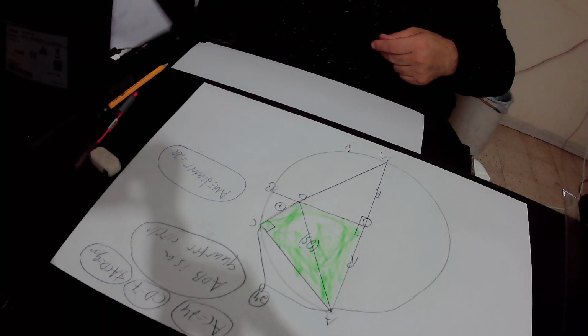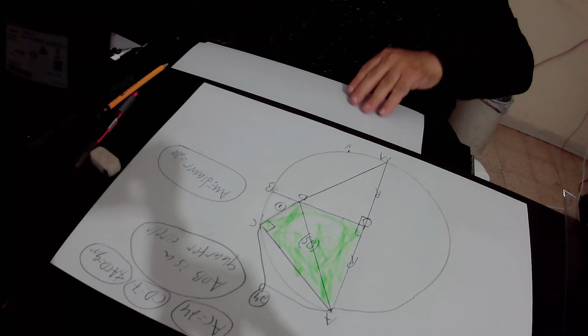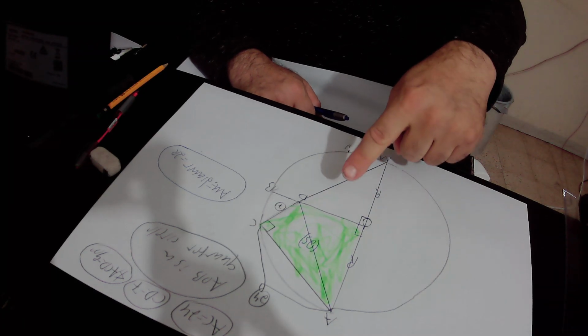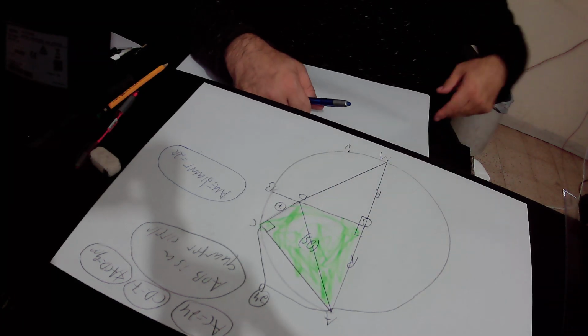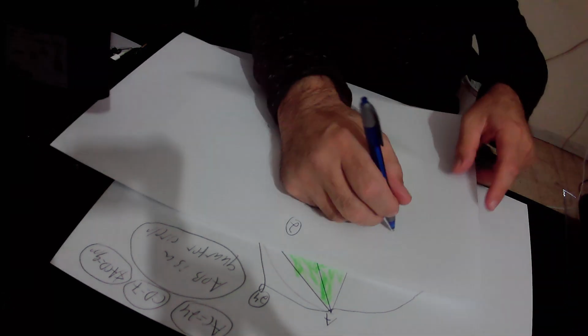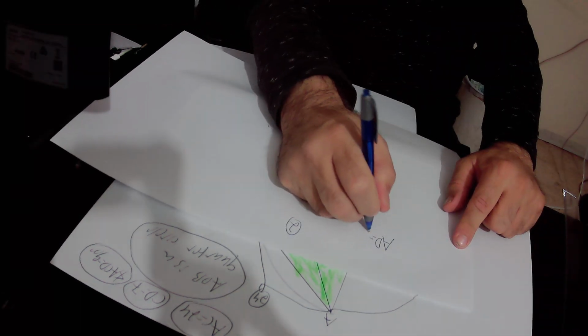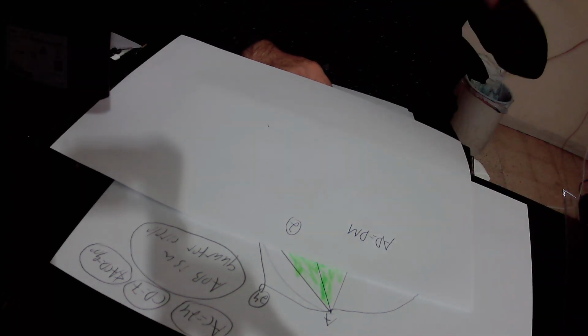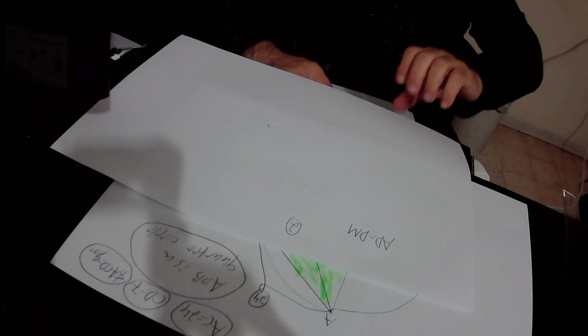And from the fact that they can go into each other, we will derive that side AD equals to side DM, according to the rule that corresponding sides of congruent triangles are equal to each other.